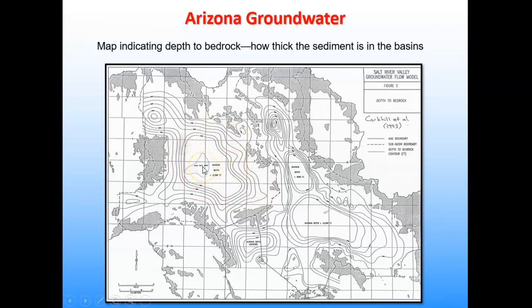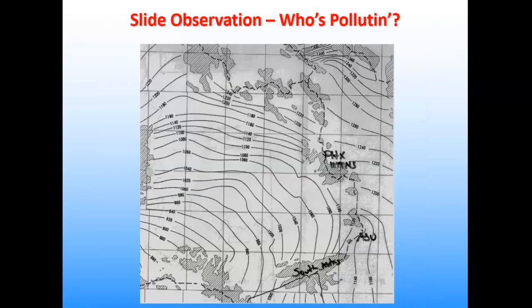And what this map is telling us, it's a contour line of the sediments. And in some cases, the values over here are greater than 10,000 feet. Some of them are unknown depth. And so that means in some places we have 10,000 feet of sediment. And so that can be used to store water. And so that's useful for us here in Arizona.